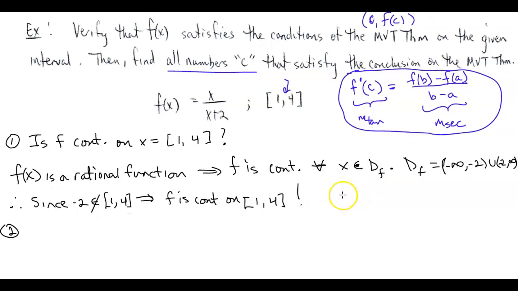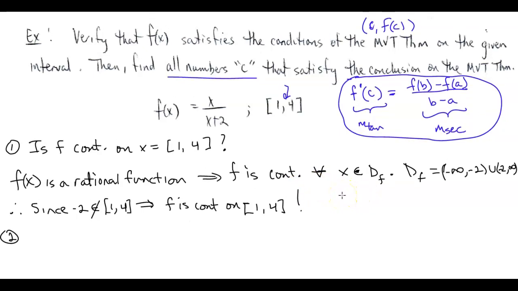We also need to show, is f going to be differentiable on the corresponding open interval? Is f differentiable on this corresponding open interval? Okay. Now, the simple way to show that is we need to find out what the derivative of f is.